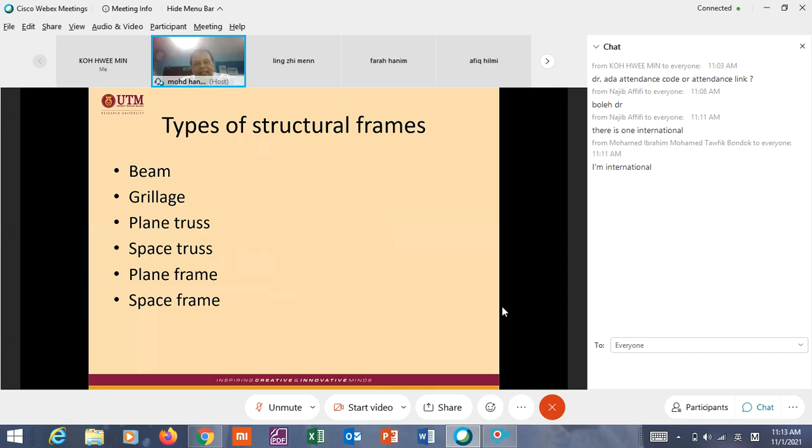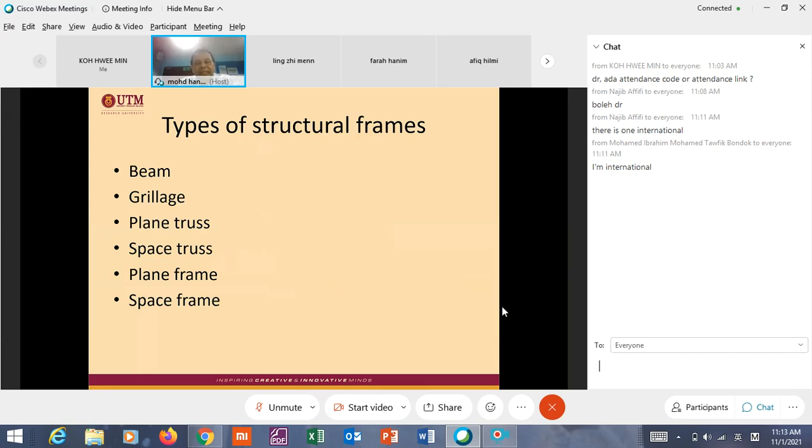I think you have learned this type of structure frame in first year, introduction to structural engineering. Beam, grillage, plane truss, space truss, plane frame, space frame. So I don't have to give the photograph or figure. This is just a revision.